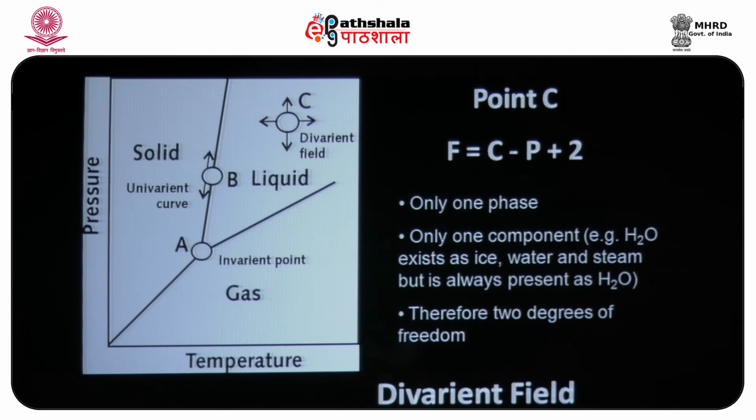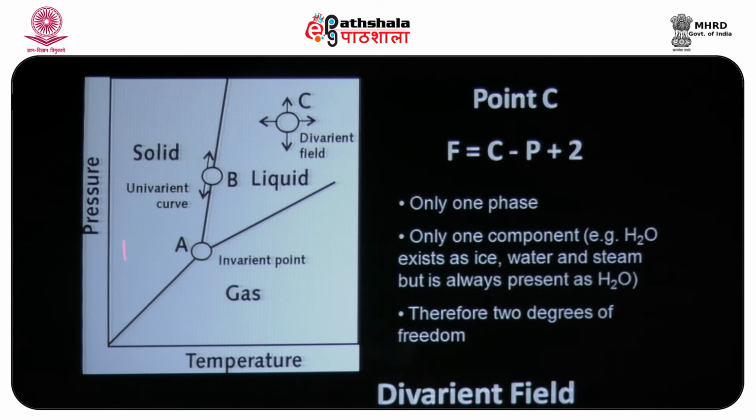The definition of component is the minimum number of chemical constituents which are required to explain your phase, and out here it is H2O, which actually describes all your phases. So, you have your gas, liquid, solid, all are made up of H2O, but they are of different phase. One is liquid, one is solid, and one in gaseous state.